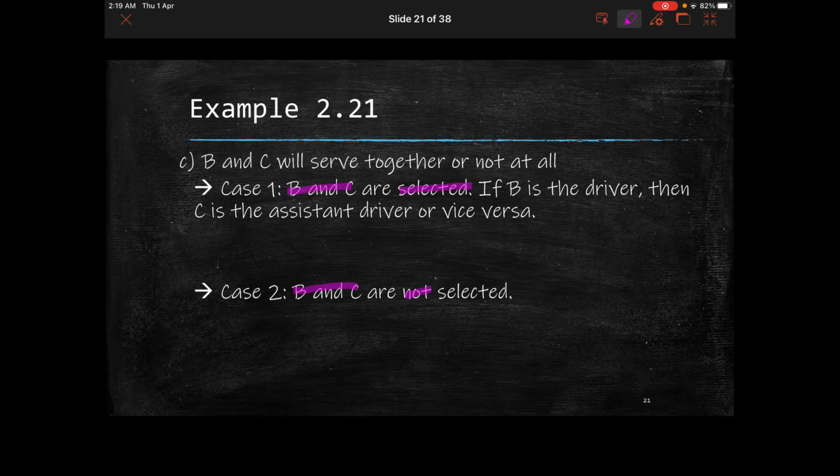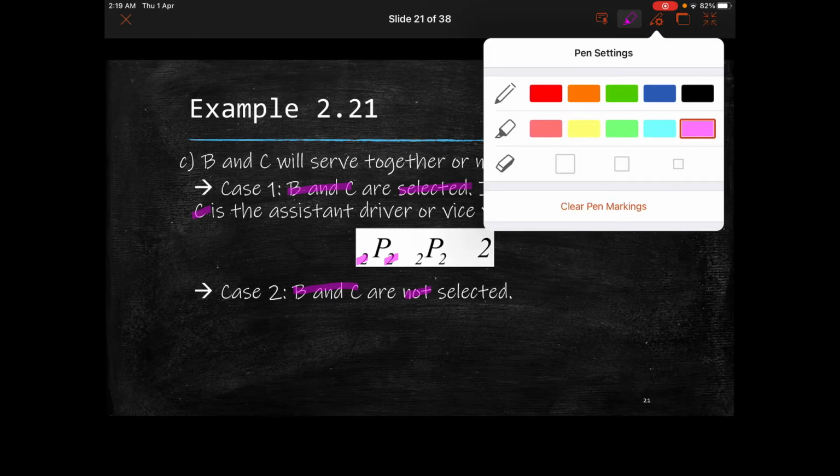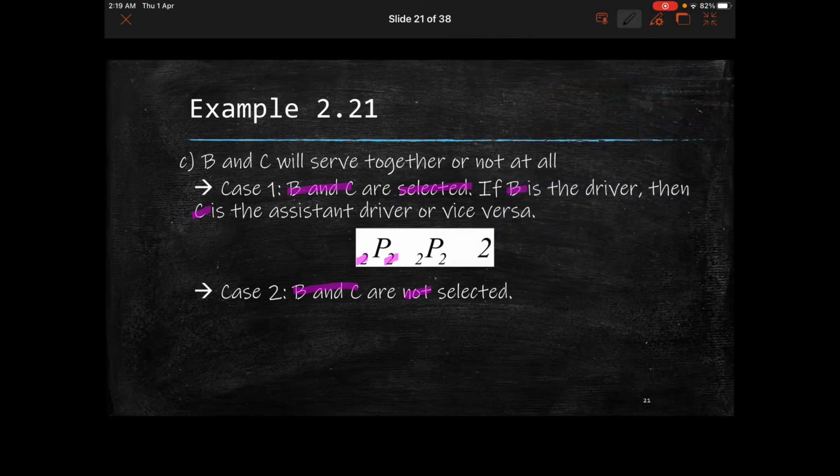So kalau B and C are selected, B would be the driver and then C as the assistant ataupun sebaliknya. In this case, kita ada N equals to 2, R equals to 2. Then there are 2 possibilities.